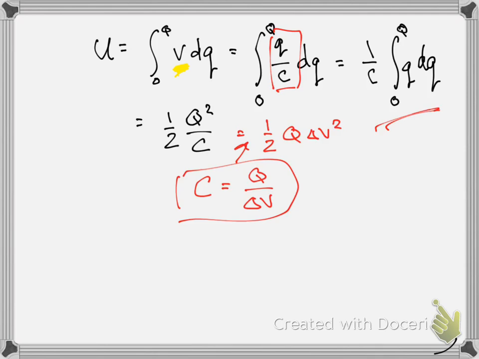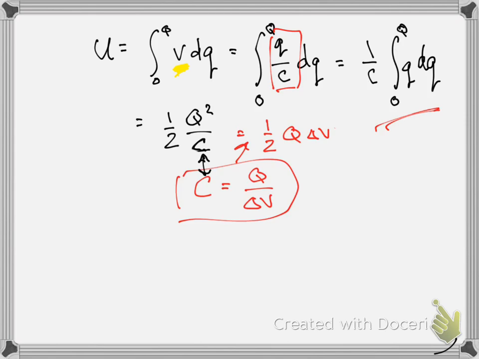Wait a second, which substitution are we making? Oh, C equals Q over delta V. Oops, sorry, I shouldn't have had the squared here. That didn't belong. Sorry, so once again, we're going to make the substitution for C, and so we get 1/2 Q delta V.